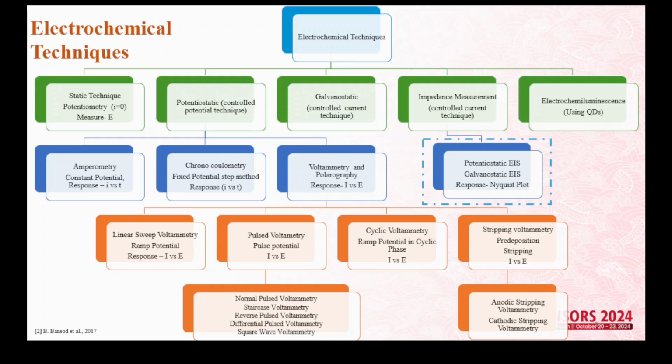When I talk about other techniques such as linear sweep voltammetry or cyclic voltammetry, people have used those for batteries, to check charging and discharging, and in corrosion or sensing applications. But the major difference with electrochemical impedance spectroscopy is that this is not a time dependent technique.